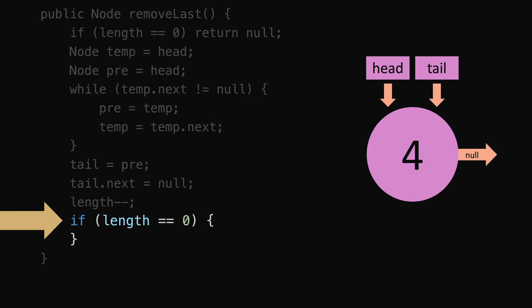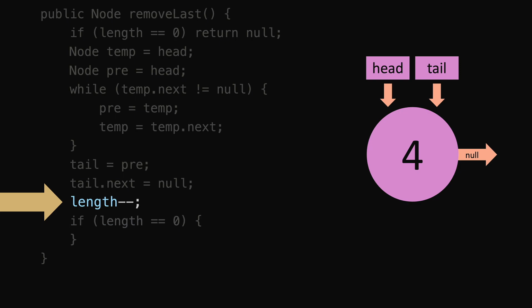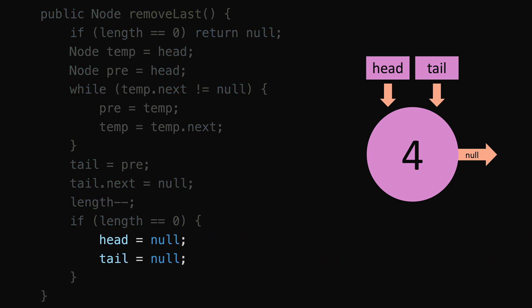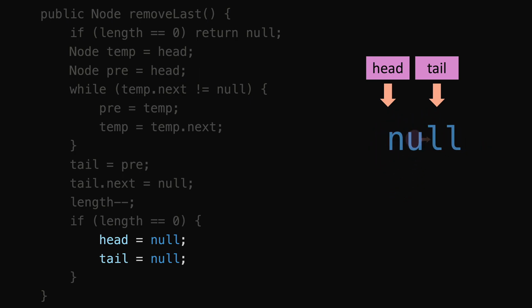The difference for this second if statement is it happens after we have decremented the length. We started with a linked list with one item in it, we decremented it, and only then did the length become 0. So inside of this if statement, we'll just set head and tail to both be equal to null, which does this, and that solves the problem.